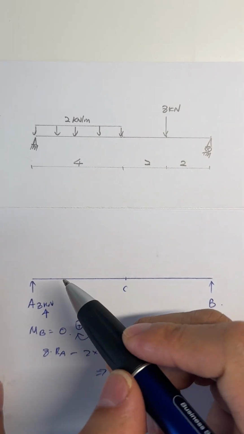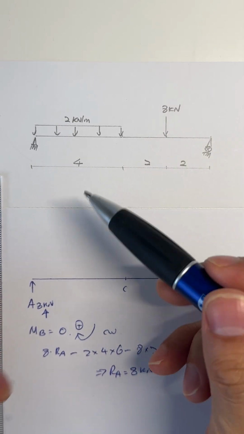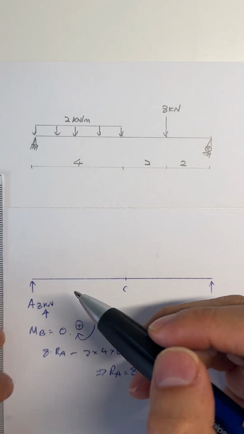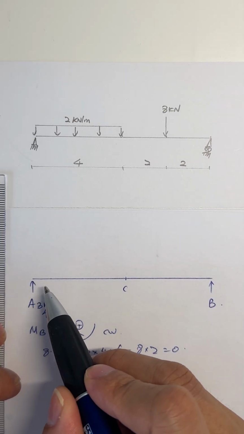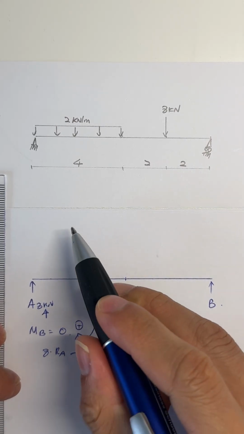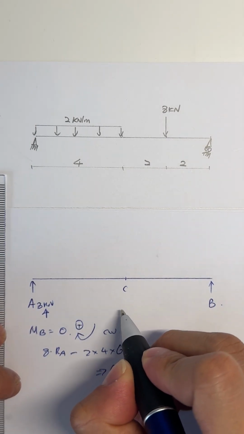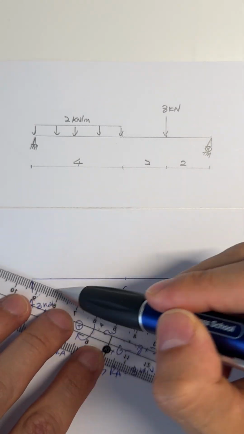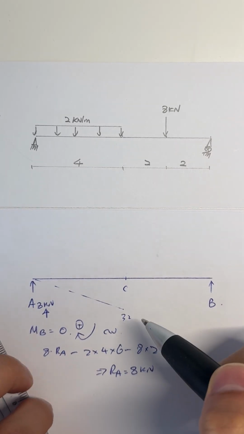So imagine there are two forces cancelling each other in part. Therefore the cantilevered moment, simply PL, is 8 times 4 gives 32. I'm going to draw a dashed line through it. This is going to be 32.